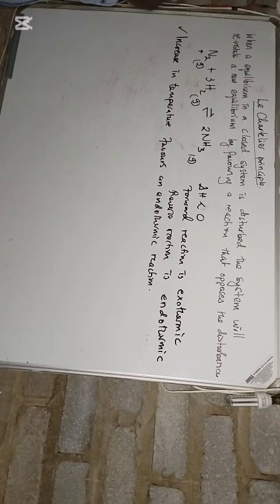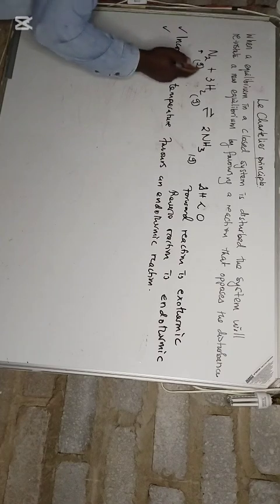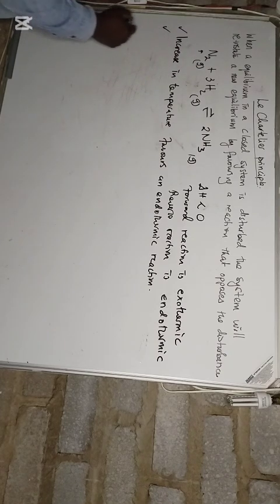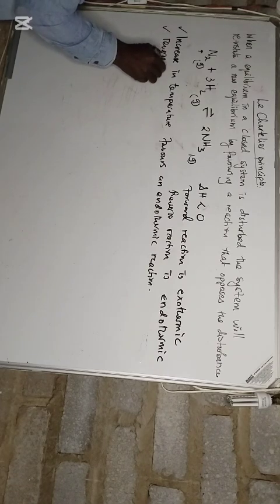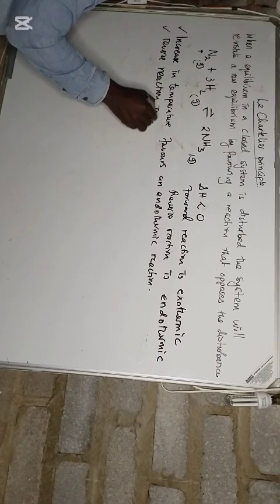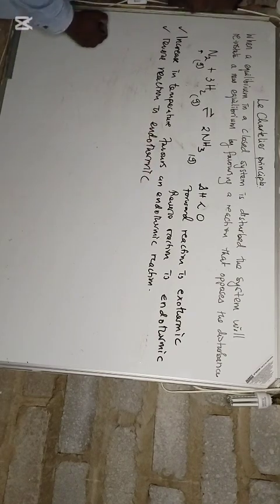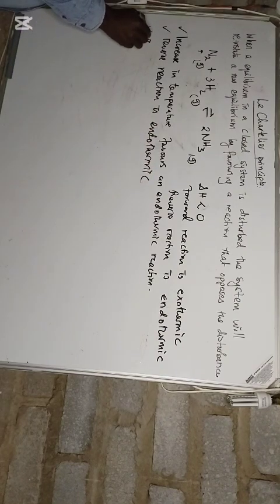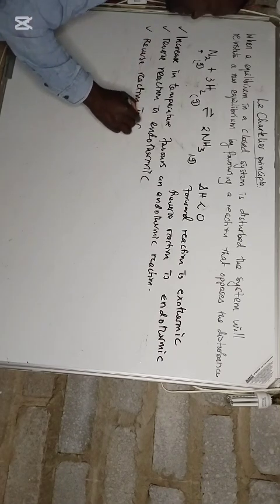So the first point is increase in temperature favors an endothermic reaction. Then we look at the equation and see which one is endothermic. So we find that the reverse reaction in this case is endothermic. Since the reverse reaction is endothermic, it means the reverse reaction is favored.